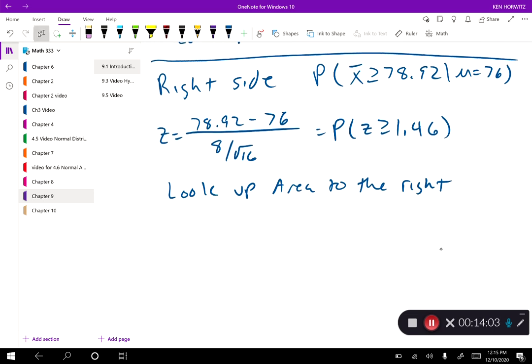All right, so I got the area to the right being 0.0721, which is 1 minus the area that you saw on your chart.